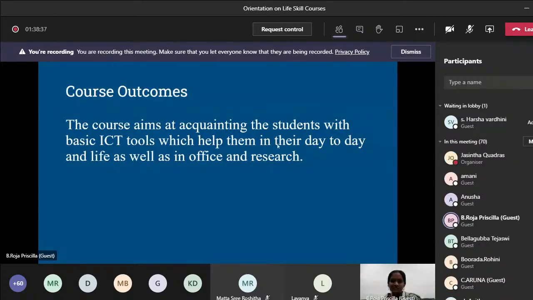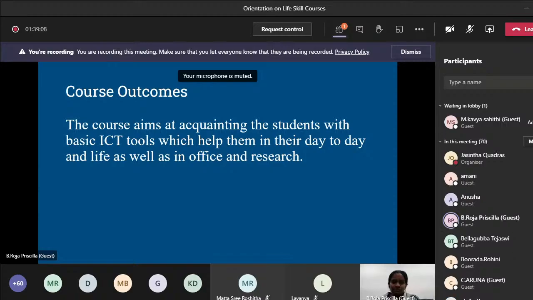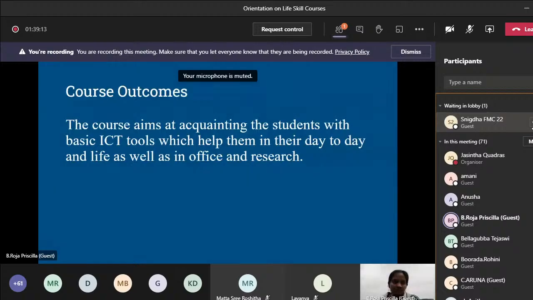This course is basically designed in such a way that all the important ICT tools, different applications which we use in day-to-day life like email, Google Meet, apart from the regular applications like social media, are really helpful in doing different tasks in our daily life, not only personal but also professional.